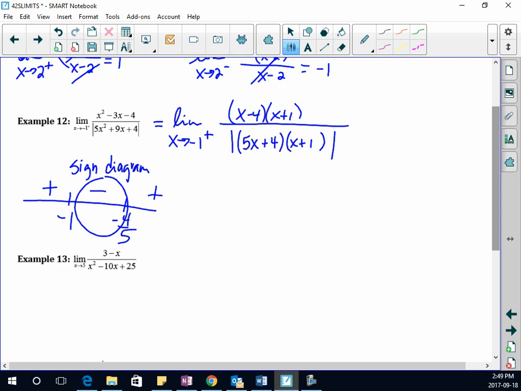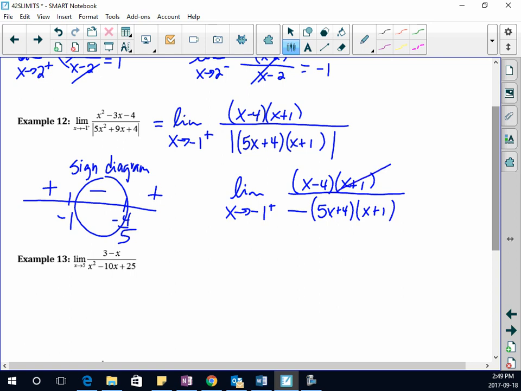So that just means if I take the absolute value out now, what does that mean? It's going to be negative bracket 5x plus 4 over x plus 1. Those will cancel. Yes? So then I put the negative in there, I get -5 on top.